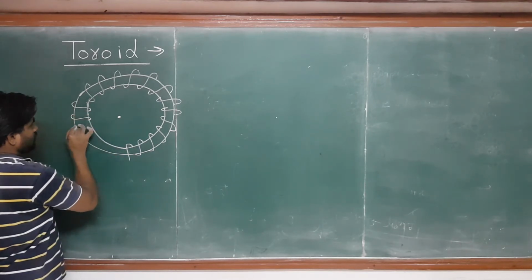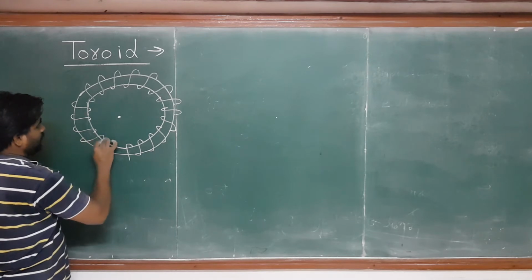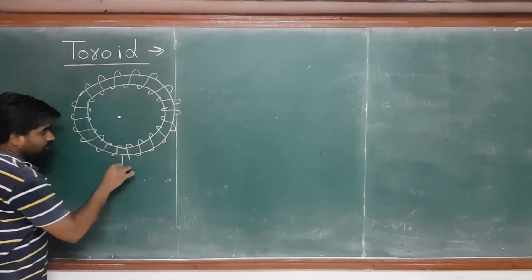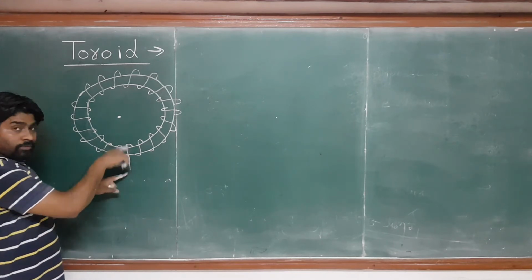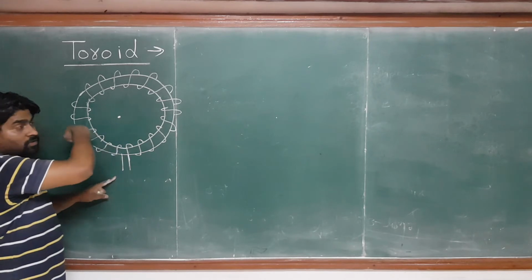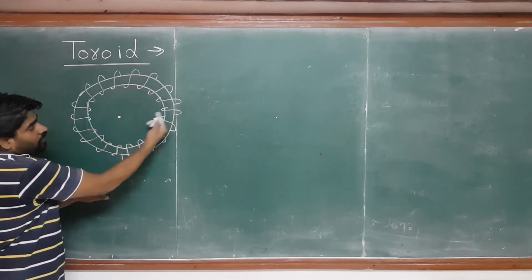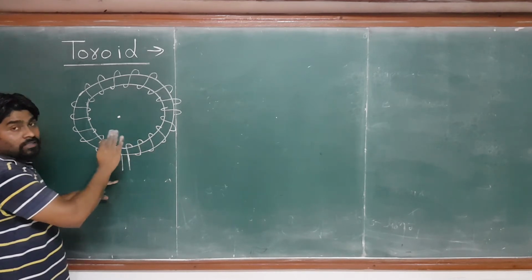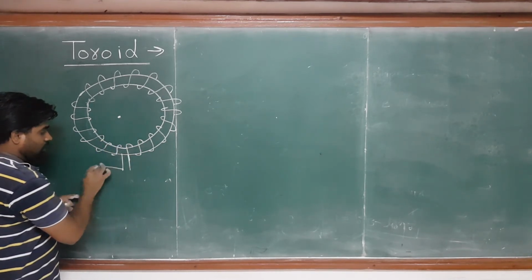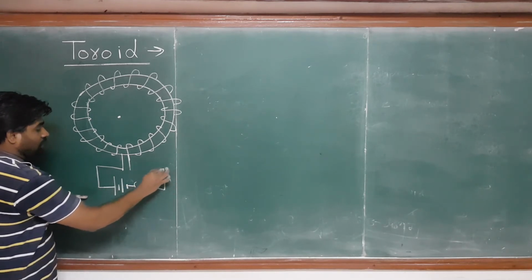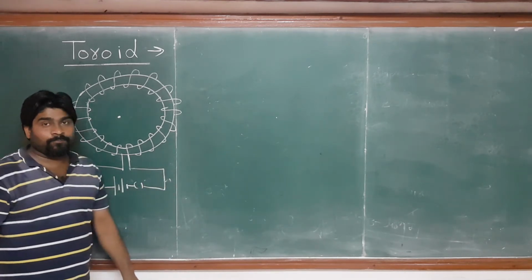It has no starting point, it has no ending point. That is called the endless solenoid. So this is one end of the wire and this is the other end of the wire. It has a closed shape, and the turns are not exactly circular, they are helical in shape. And these ends you can connect with the battery and the key. So this is called the toroid.